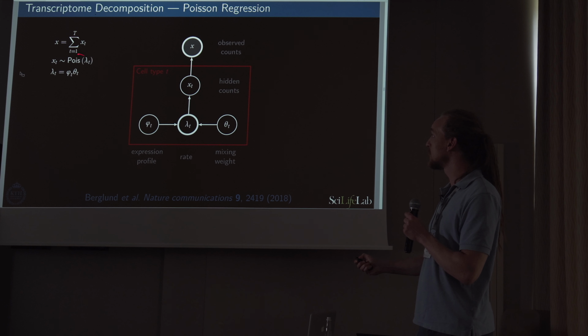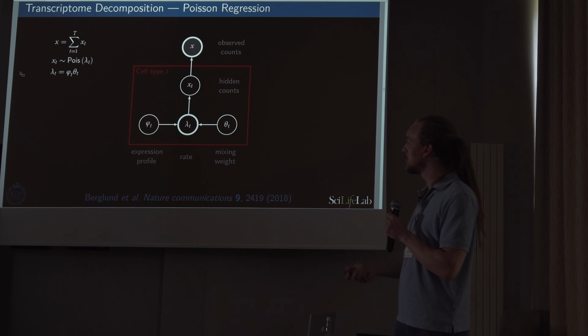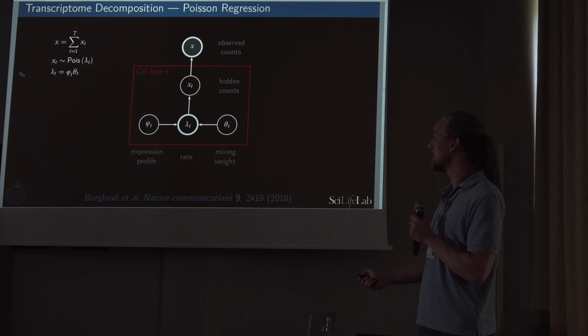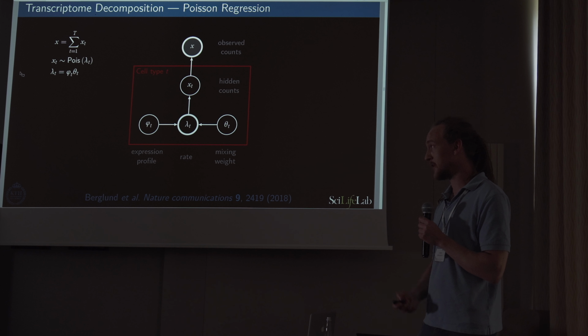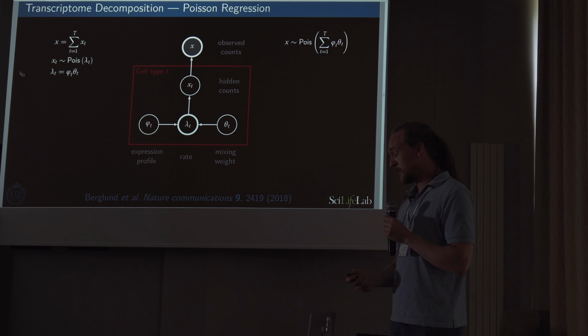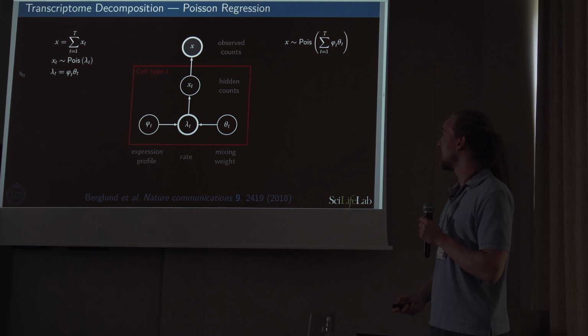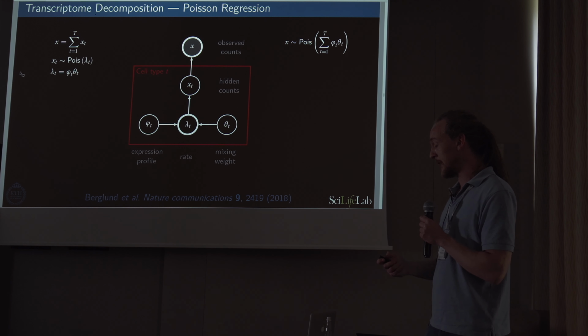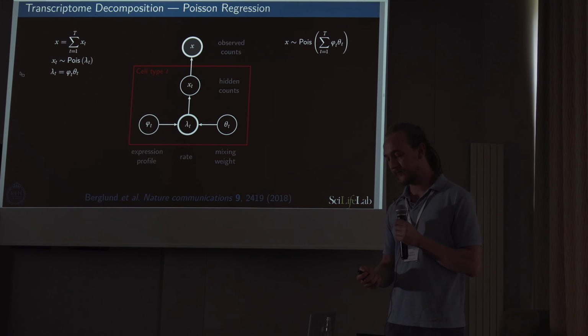The Poisson distribution has a rate parameter lambda, which for now, for reasons that will be clear in just a moment, we assume is given as a product of some expression intensity and some weight of that cell type. You will perhaps notice that due to linearity, if x is the sum of some Poisson distributed numbers, then x itself will be Poisson distributed.